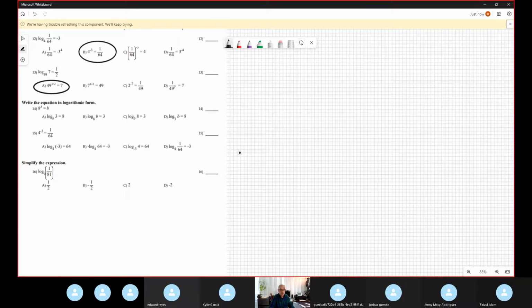Okay, 14 now. 14 is completely different because it's giving 8 to the third power equal b. This is exponential statement. They want you write a logarithm statement. Okay, no problem, I understand. The base is 8. So you put the magic word log, you put the small 8, represent the base.